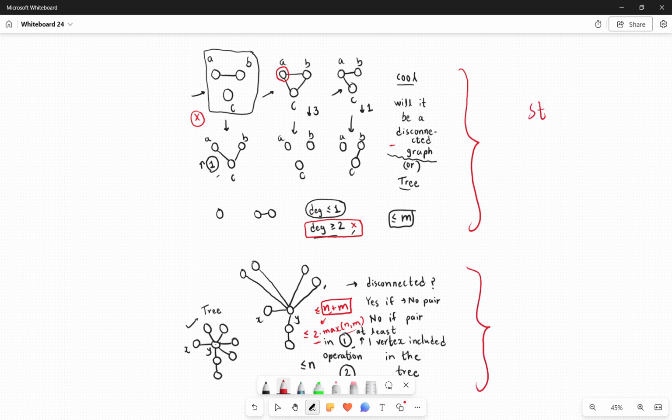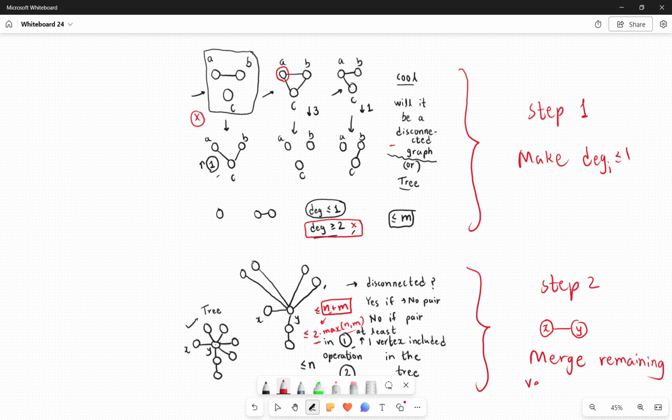In step 1 we will make the degree of every vertex less than or equal to 1, and in step 2 we will create the base x and y, which will always remain connected to each other, and we will try to merge the remaining vertices, which will have degree 0 or degree 1, right?